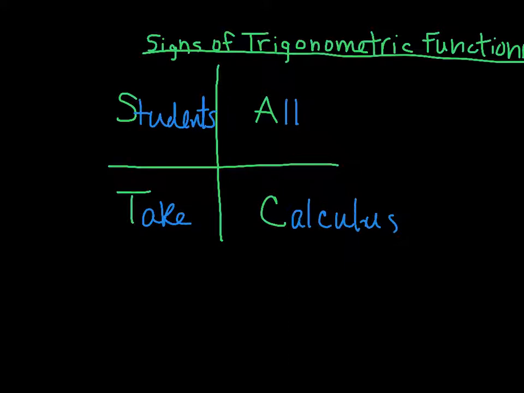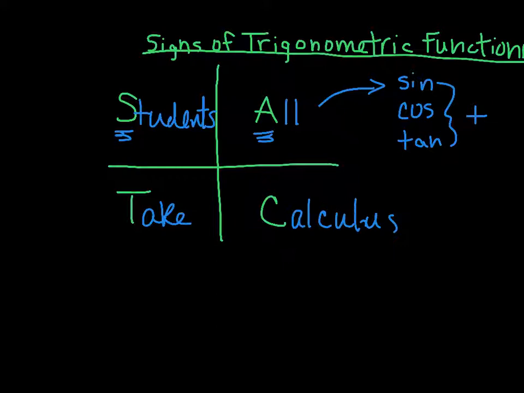So basically this is what this means. In the first quadrant, all of your trig functions are going to be positive. So that would be sine, cosine, and tangent. All these guys are going to be positive. Okay, A for all. Now take a guess.